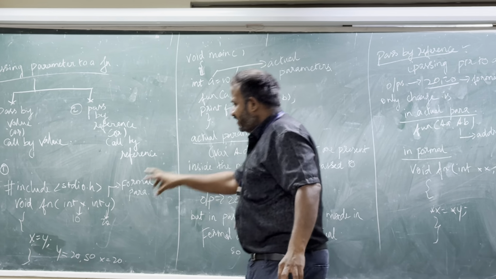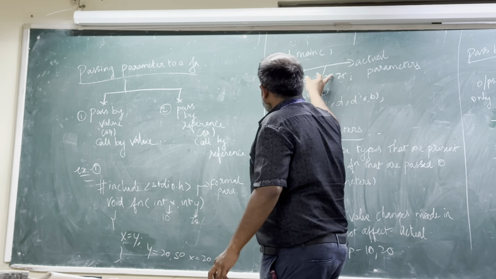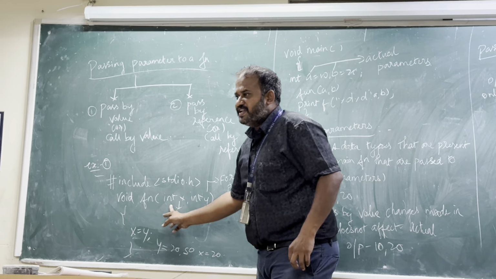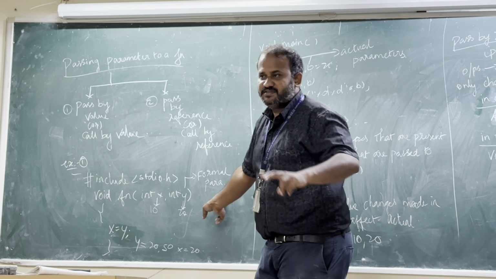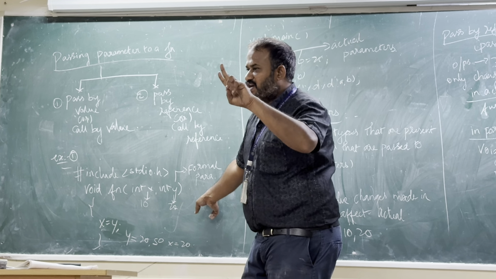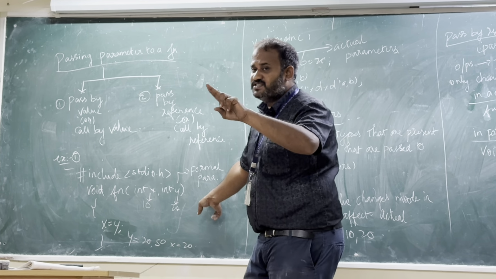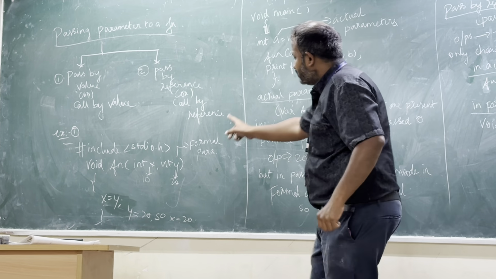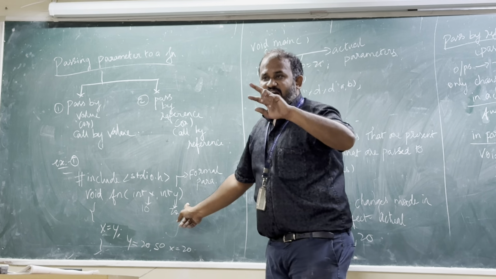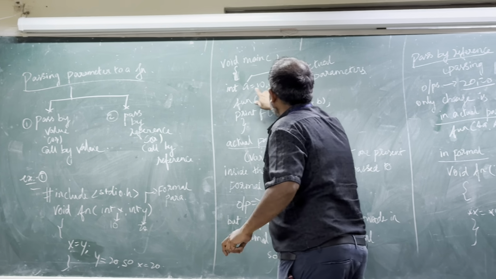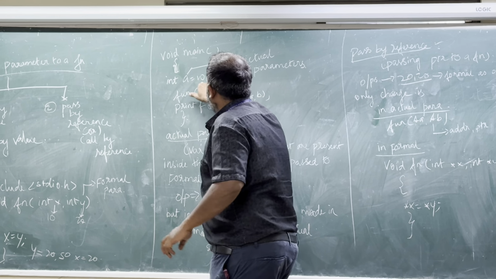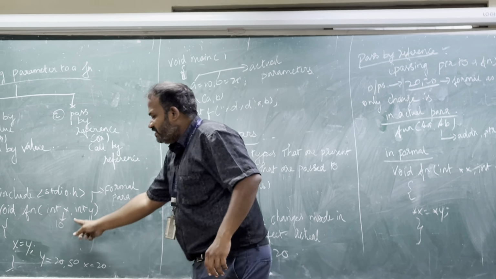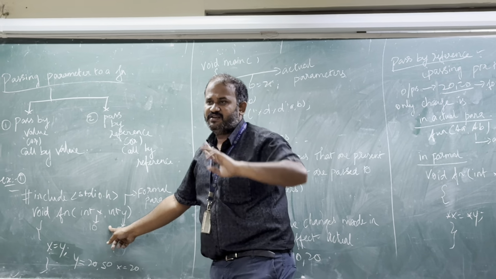And here we pass this value to another variable, which we call the formal parameter. Actual is whatever values we give as default values, and the value passed to another variable is the formal parameter.